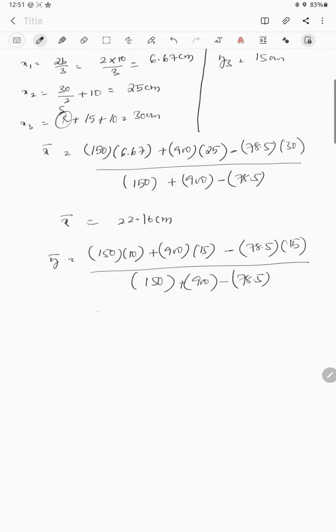Once you solve this, you'll get the value of y bar as 14.22 centimeters. So that means my x bar comma y bar for this given figure is 22.16 comma 14.2 centimeters. This is how we calculate the centroids of composite figures.